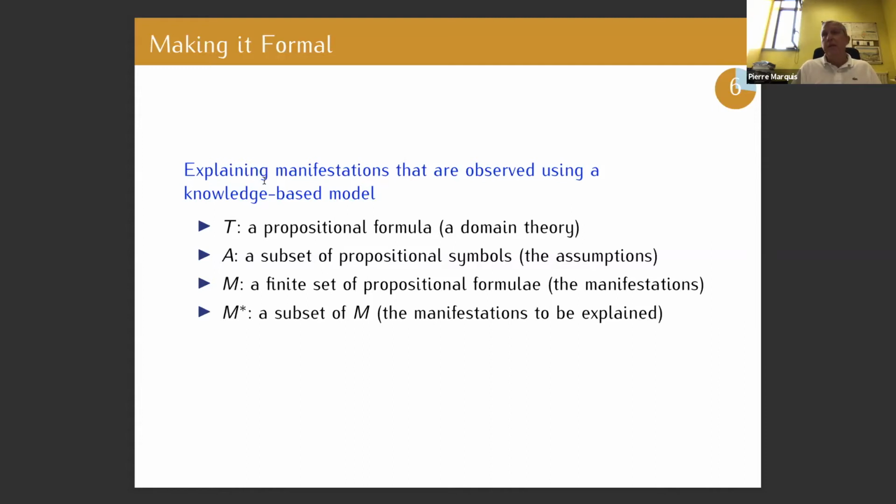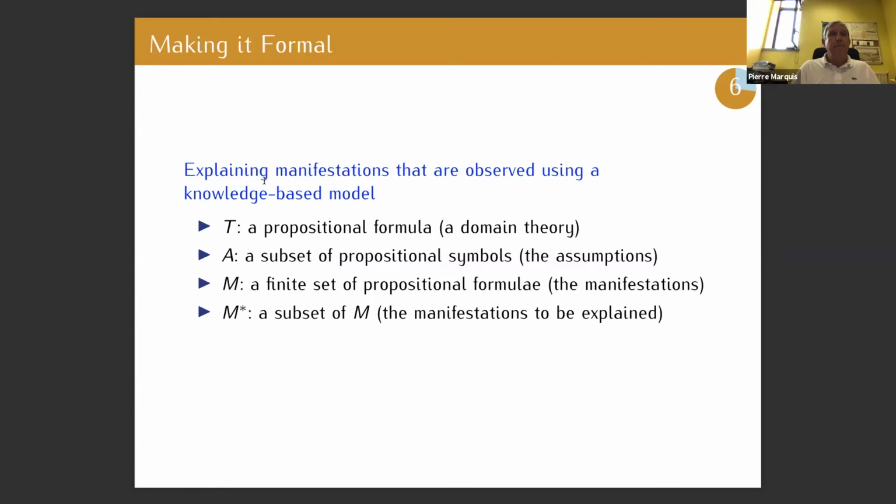For simplicity here, I consider propositional formulas. We're going to consider as well, as it is often the case in abduction, a subset of specific propositional symbols called assumptions used to denote diseases in this case. A third set is a set of propositional formulae called the manifestations, the symptoms to be explained. For instance, the fact that Abraham has a blurred vision.